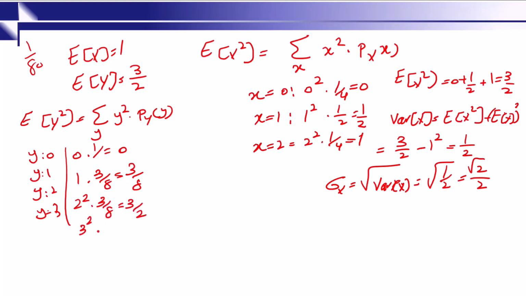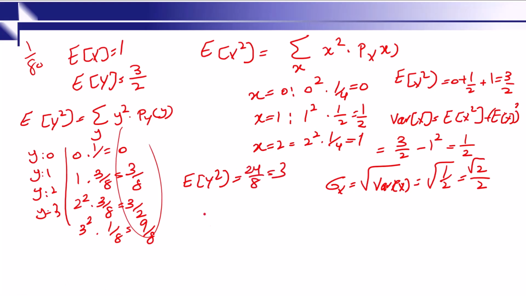And 3 squared multiplied by 1/8 is equal to 9/8. Then we sum them together: 3, 12, 19, it will be 24/8, equals 3. Then variance of y equals E of y squared minus E of y, all squared.